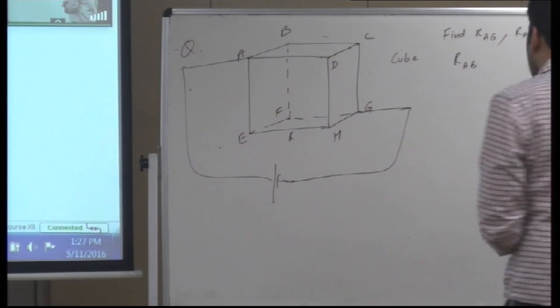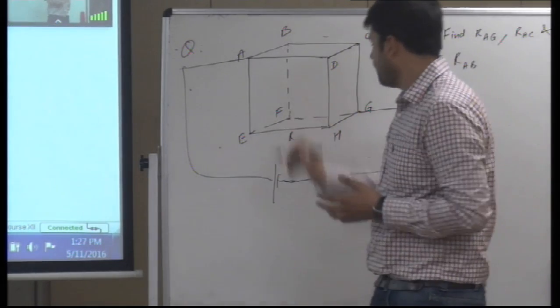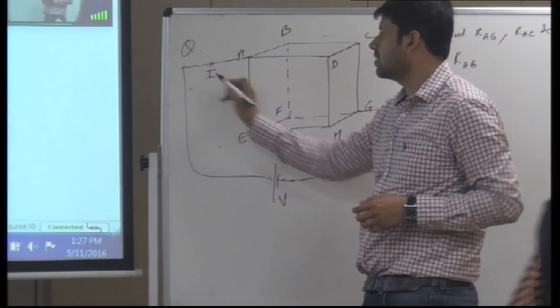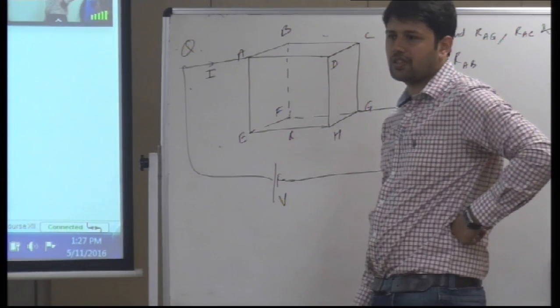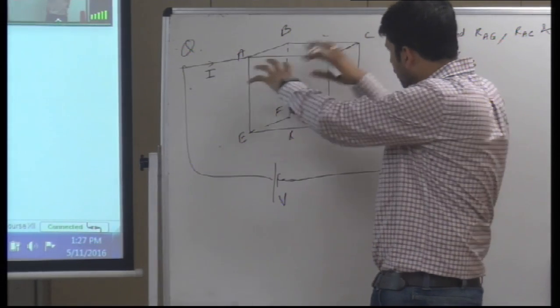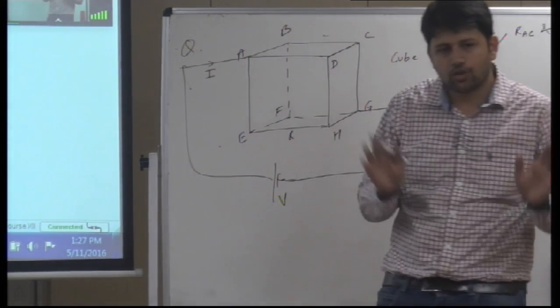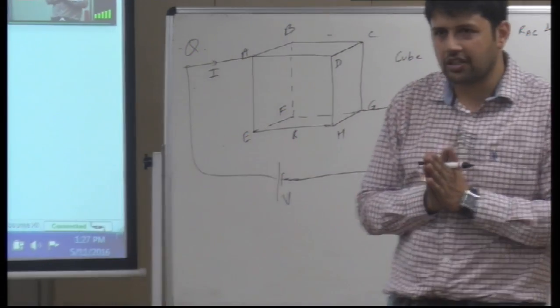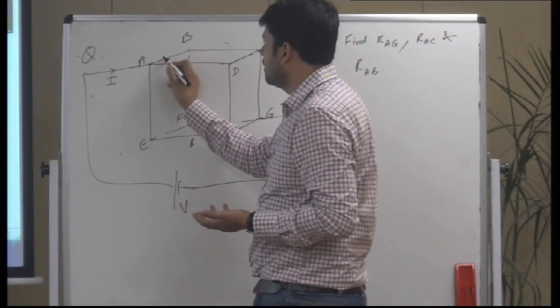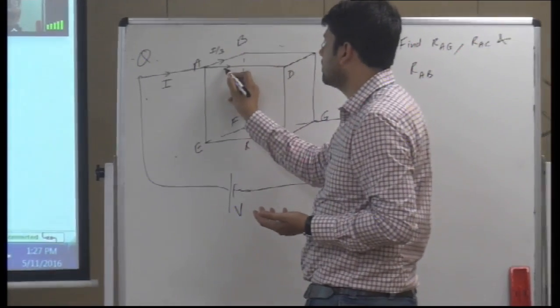Is it okay? So, if voltage V is supplied, the original current is I, but since all the paths would be symmetrical in a cube, ये आपको समझ आ रहा है? Is it really clear? Since all the parts would be symmetrical, every side would carry how much current?